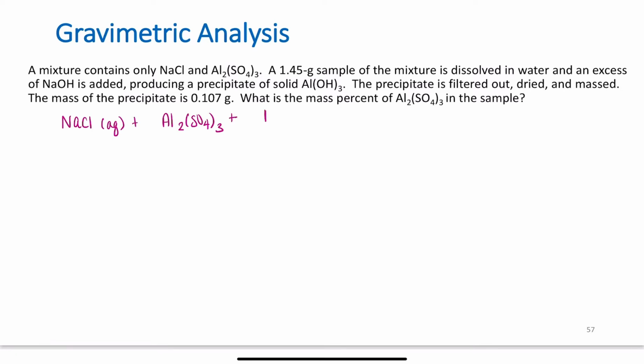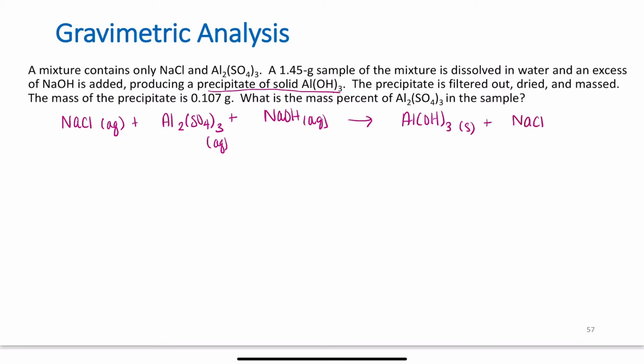And I'm going to add NaOH. All of these are aqueous or soluble in water. I'm going to produce aluminum hydroxide, which I know is going to be solid form, s for solid, because it says a precipitate of solid aluminum hydroxide.